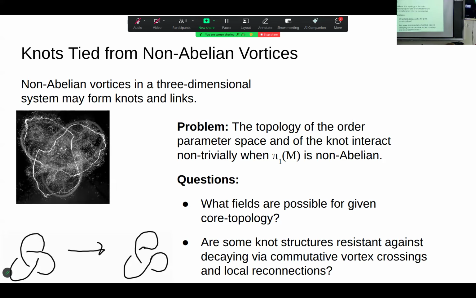One thing that often tends to happen, for example, with these water vortices in knots, is that 2 of the parts of the vortex get close to each other and they reconnect. And so they go from this to this. And now this is actually a simple loop. This doesn't have any topological structure. So the question is, are there some structures that are resistant against this kind of decay?